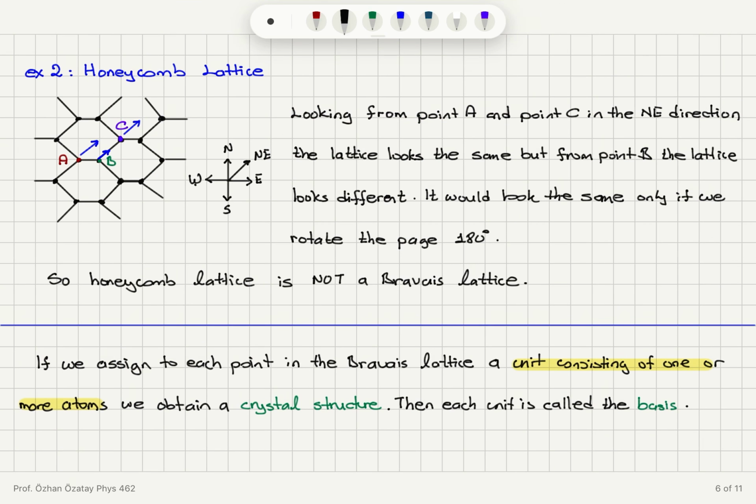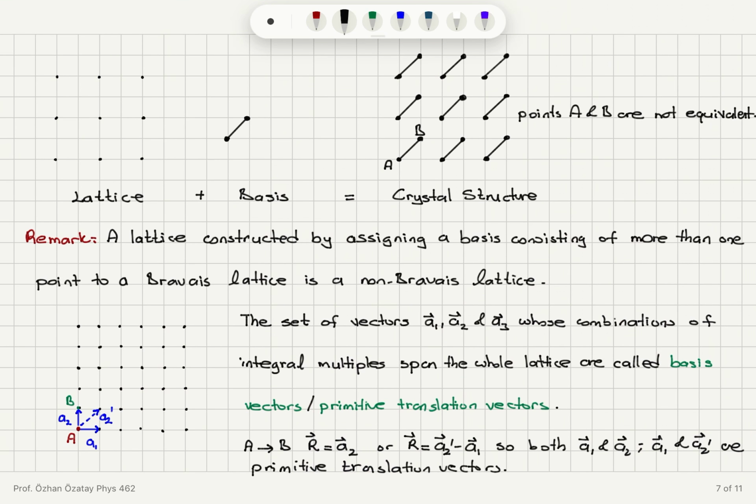And a good example for a non-Bravais lattice is the honeycomb lattice. You can see here, looking from point A and point B, we have a completely different view of the lattice. If you look at it in the northeast direction, therefore it's a non-Bravais lattice. If we assign a basis that consists of two or more atoms to each point in the lattice, we obtain the crystal structure.